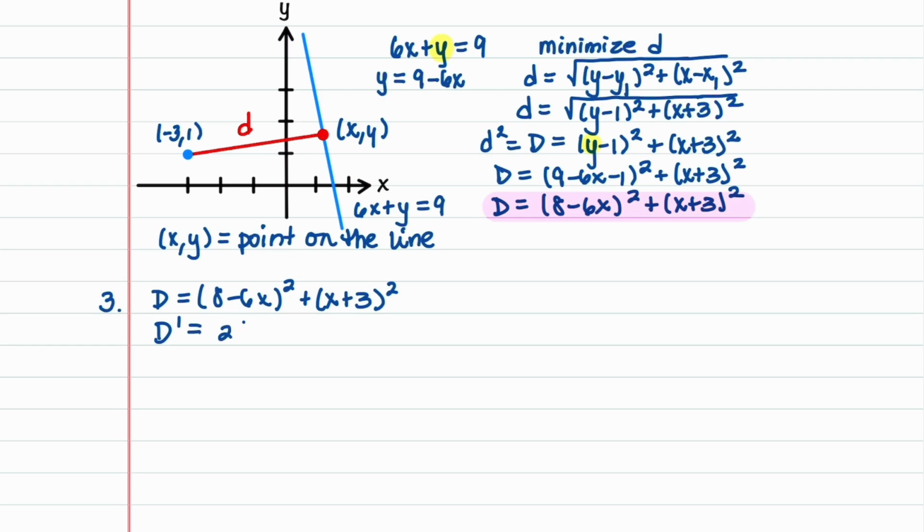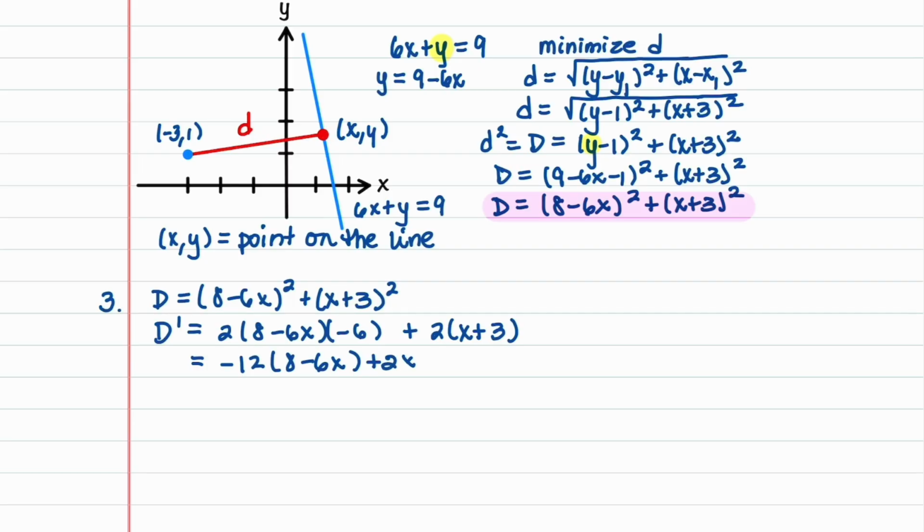So this is 2 times (8 minus 6x) times the derivative of what's inside, which is minus 6, plus 2 times (x plus 3). Now let's go ahead and multiply everything out. We have minus 12 times (8 minus 6x). I'm going to do that in 2 steps.